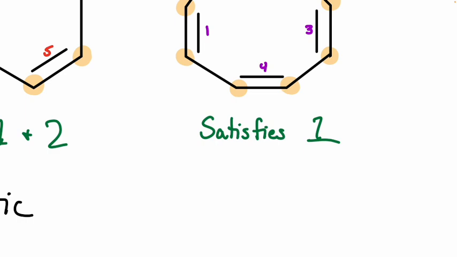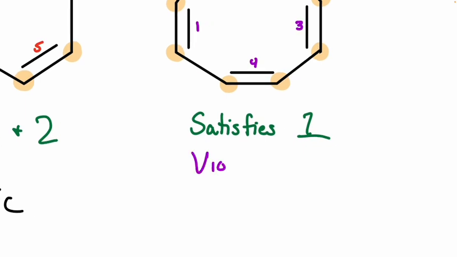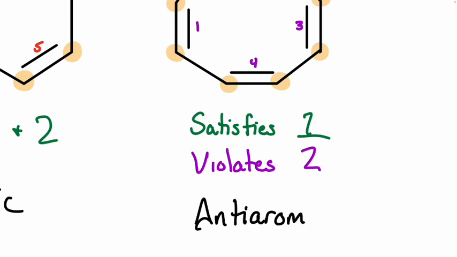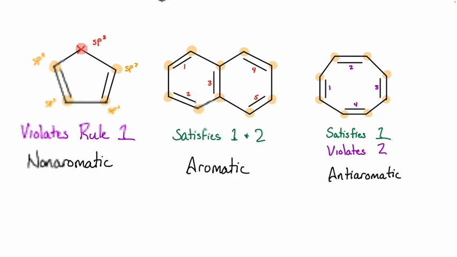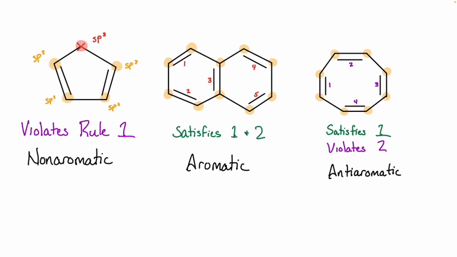So if it satisfies rule 1 but violates rule 2, we got a special name for these as well. These are what are called anti-aromatic compounds. All right, and we'll talk a little bit more about why this is next class period, but for right now, aromatic, good, super duper stable.